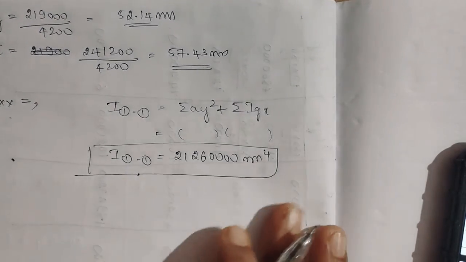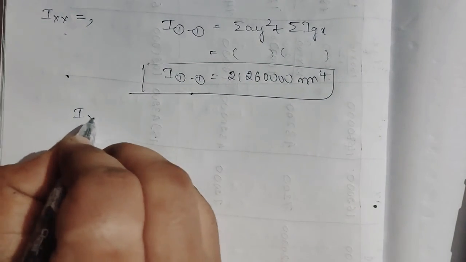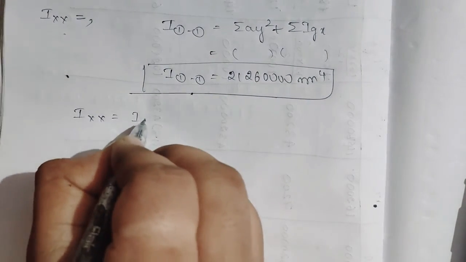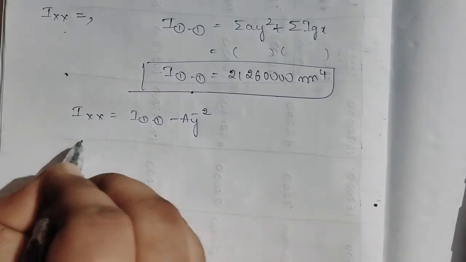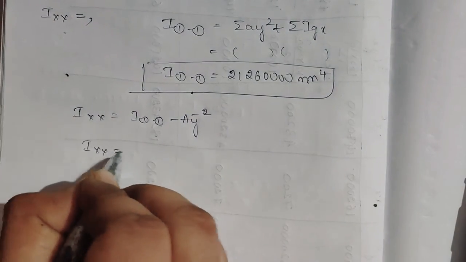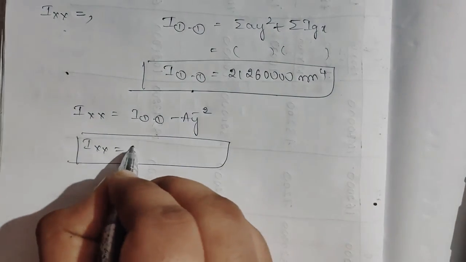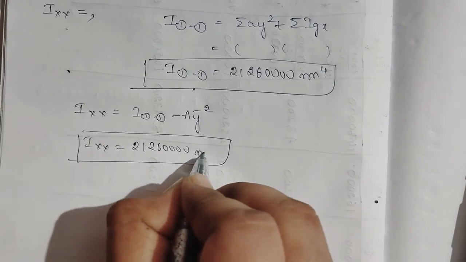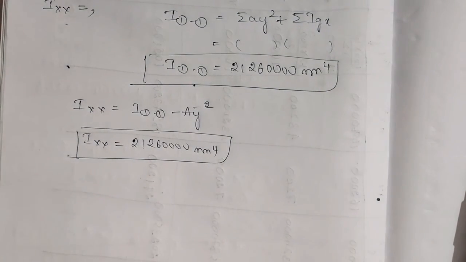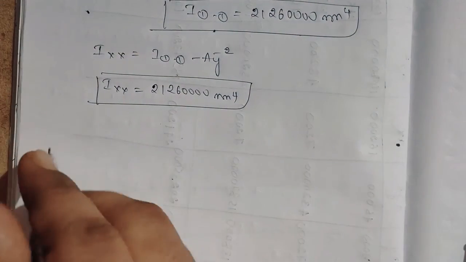Once we get this, I can find IXX by I11 minus A into y bar square. So substitute, you will get IXX as 212.61234 mm to the power of 4. It's just a calculation work, so I am not doing it.